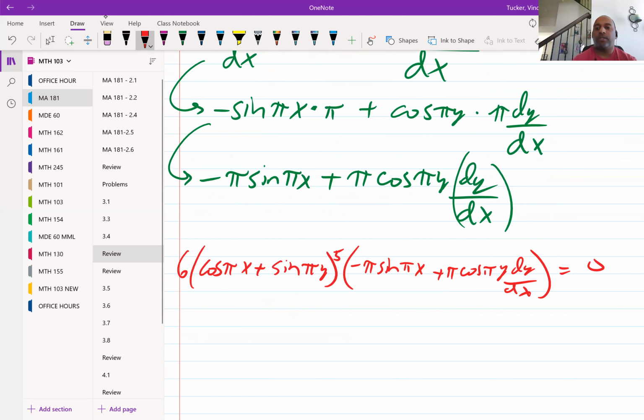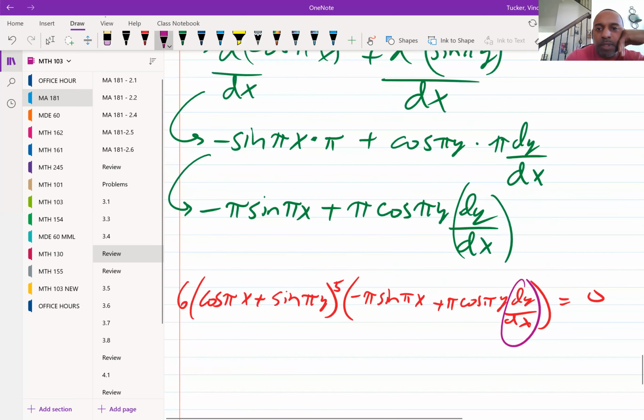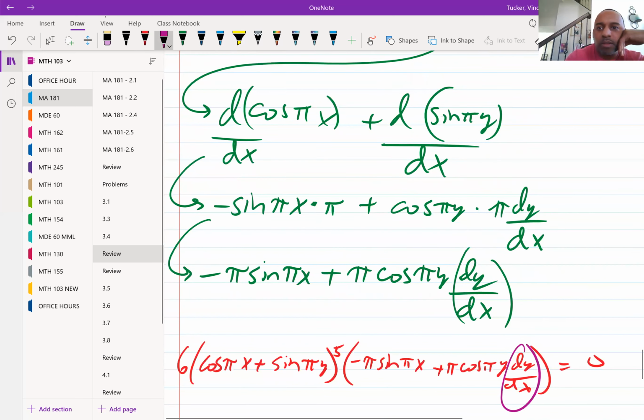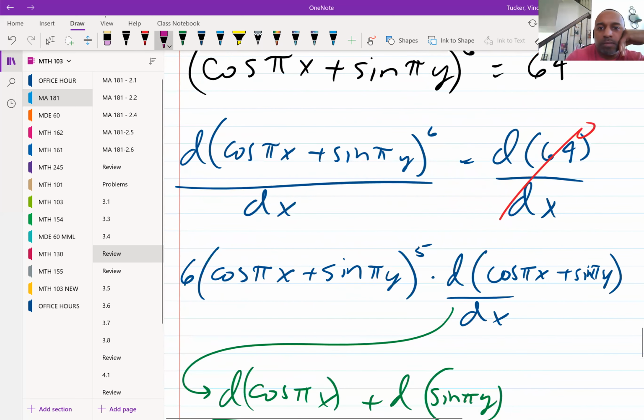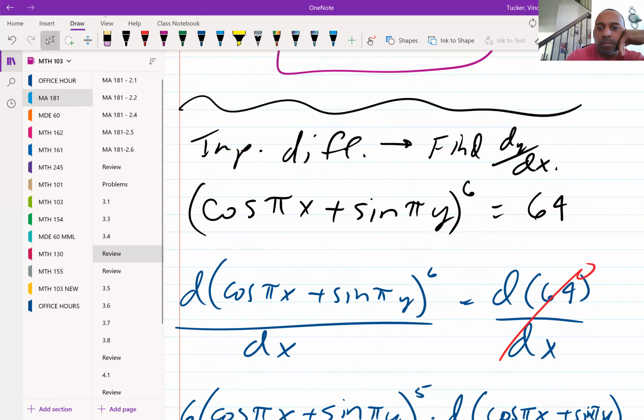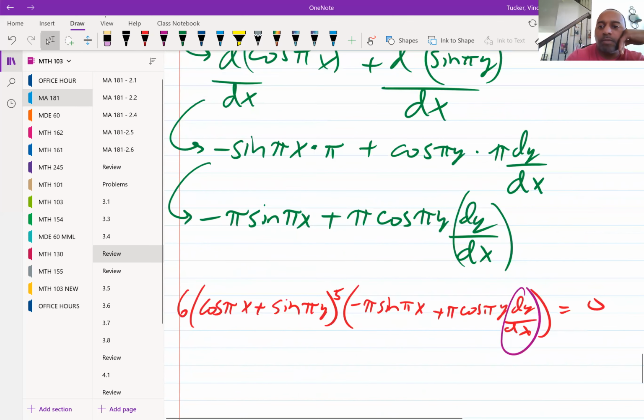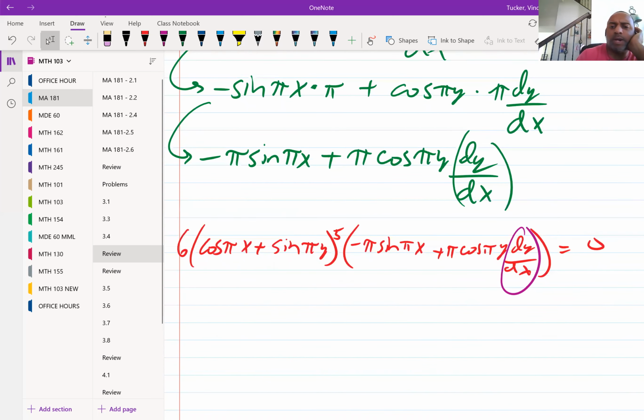All right, so now we have this plus sign here. So now we need access to dy/dx. And I'm trying to make sure I didn't miss anything.